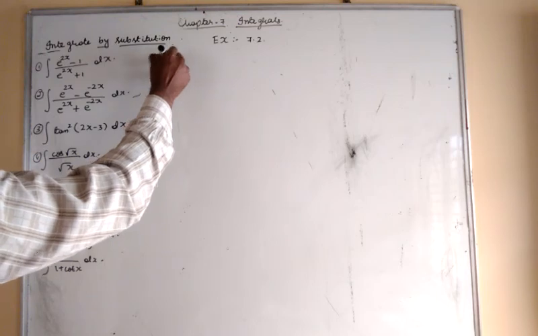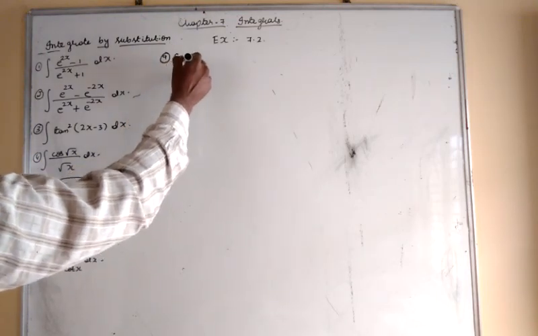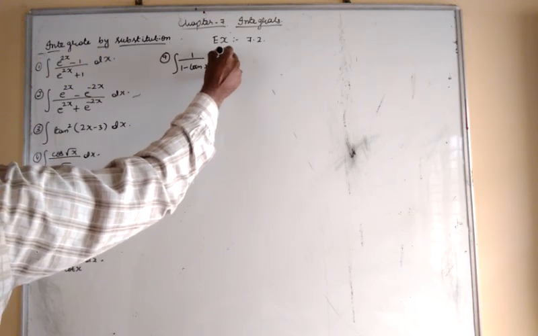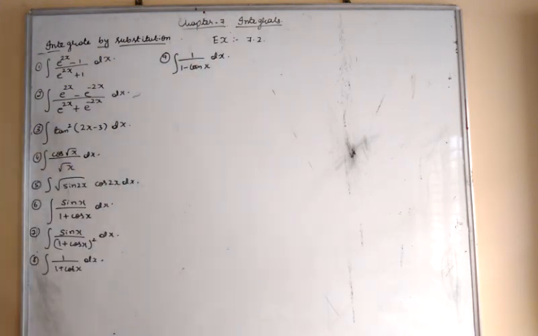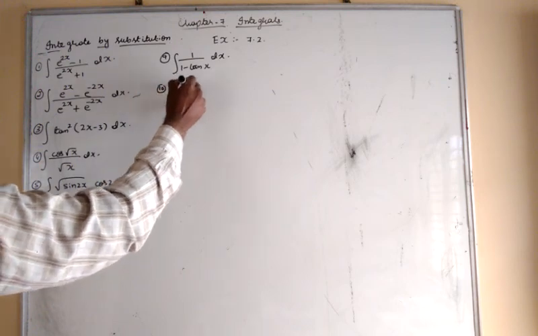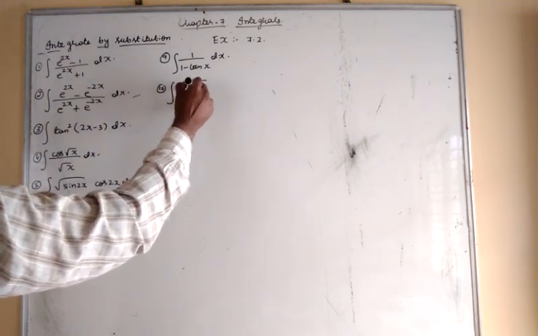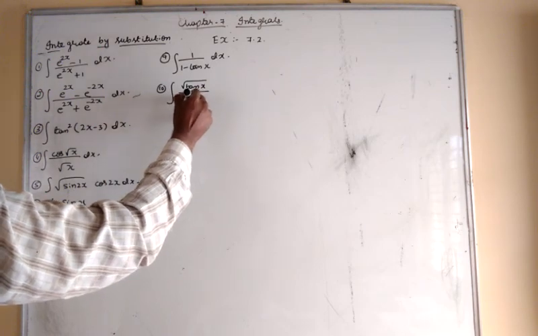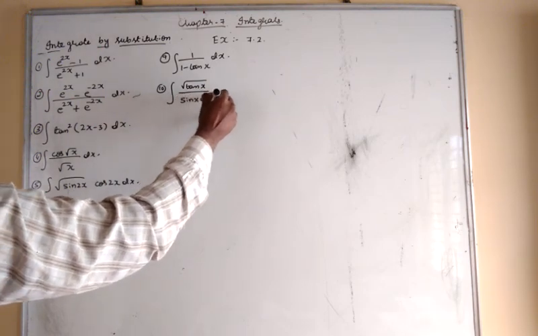Ninth one, integration of 1 by 1 minus tan x dx. Tenth one, integration of root tan x by sin x cos x dx.